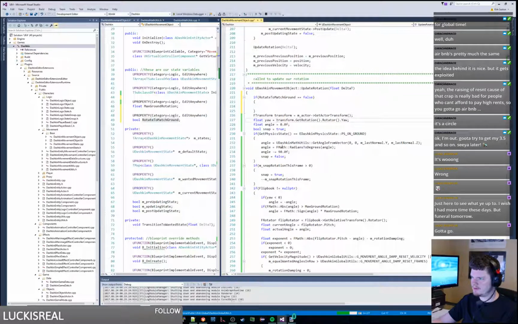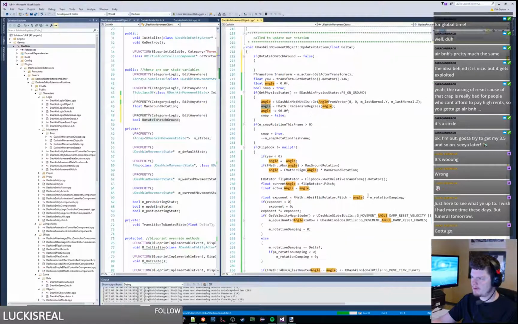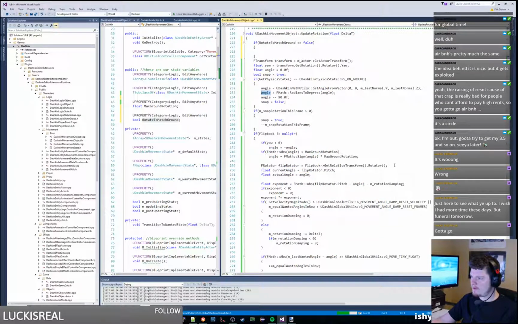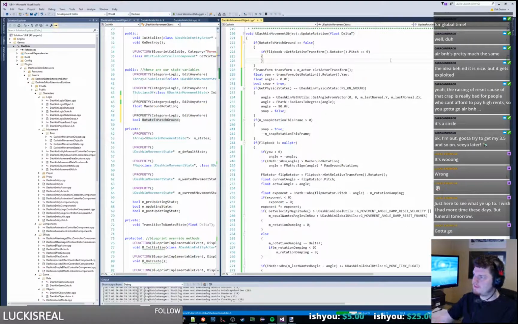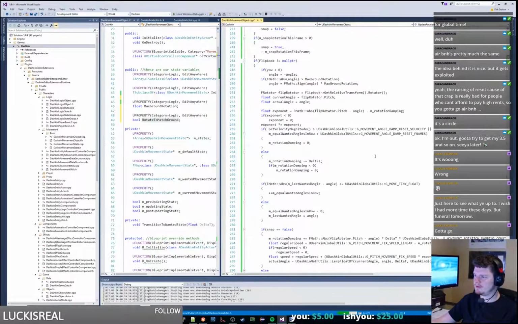Let's see, where is the angle? Yeah, we'll get the rotator.pitch. If pitch does not equal 0, then we set it to 0.